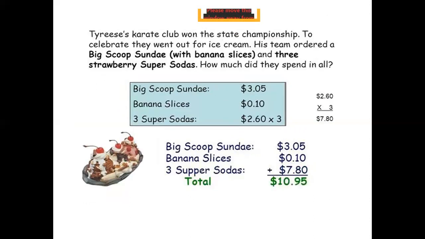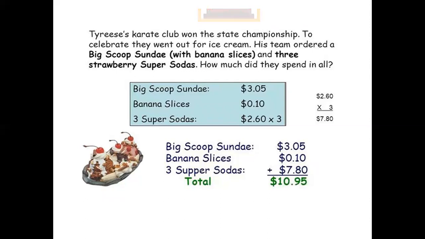Let's move to the next example. Tiresi's Karate Club won the state championship. To celebrate, they went out for ice cream. His team ordered a big scoop sundae with banana slices and 3 strawberry super sodas. How much did they spend in all?